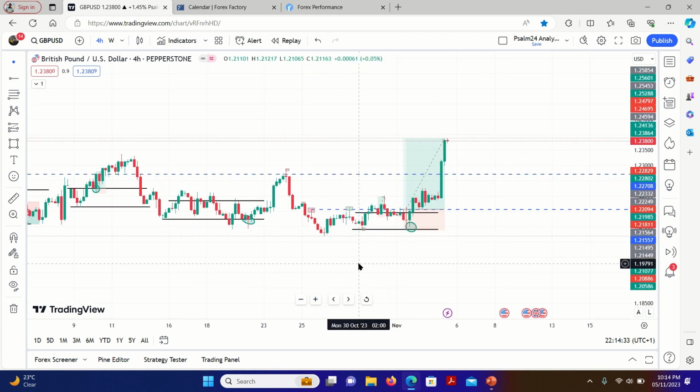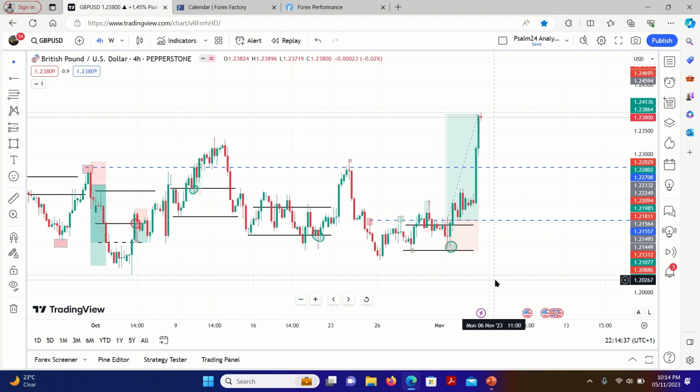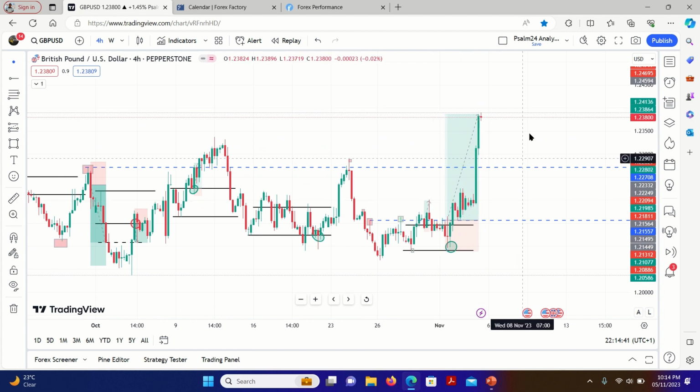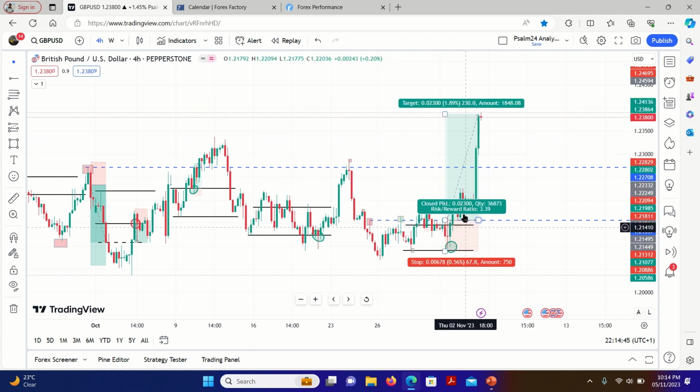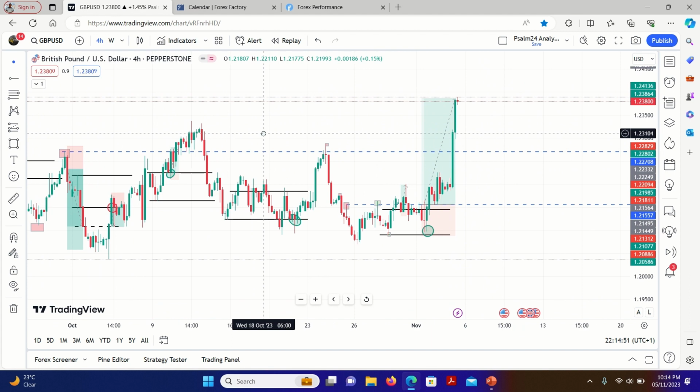So what we are waiting for is for the market to open, and then once the market opens, we want to keep an eye on these 4-hour candles, and then we would spot where to actually jump in. But what we are predicting on this particular pair is this.